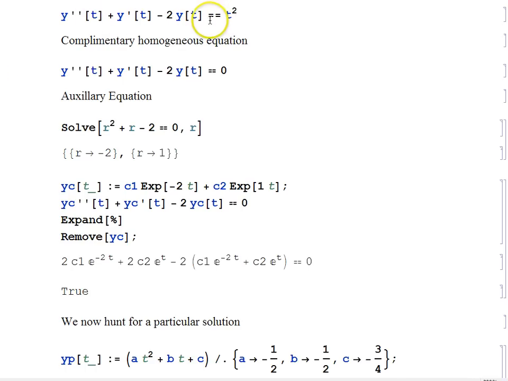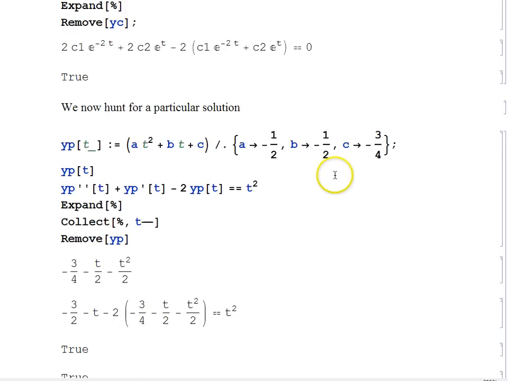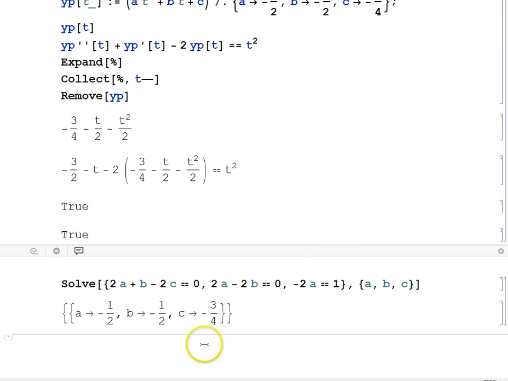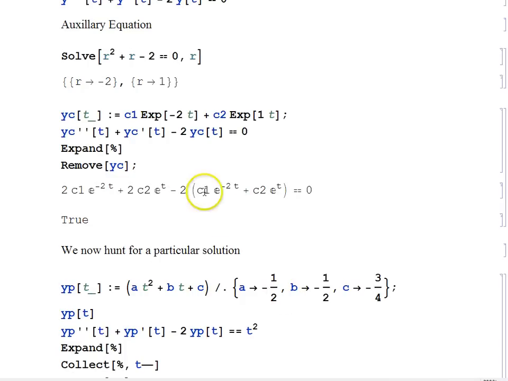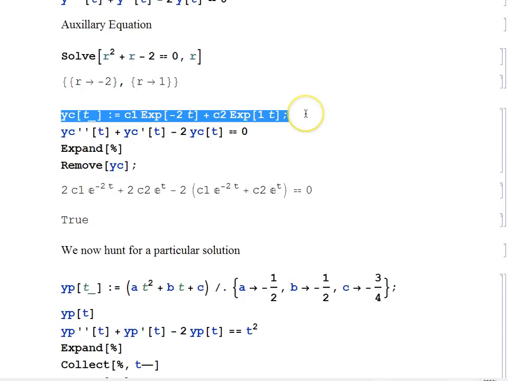So if I add them together, because this is a linear operator on y, I get a solution that gives me this plus 0, which is just this. So my general solution is going to be what? Well, it's this. Actually, I'll just copy this whole thing because I'm going to use it.